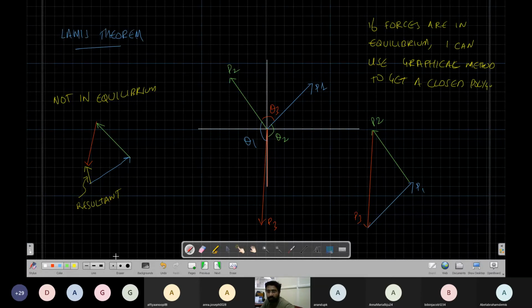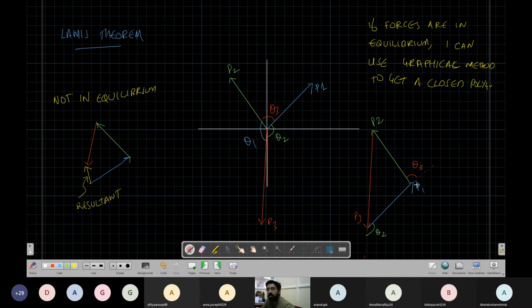Let me see. I will extend this. So this is my P1, and this is my P2. This is my theta 3. Now the angle between P2 and red is theta 2, so I can extend my red here, and that gives me theta 2.